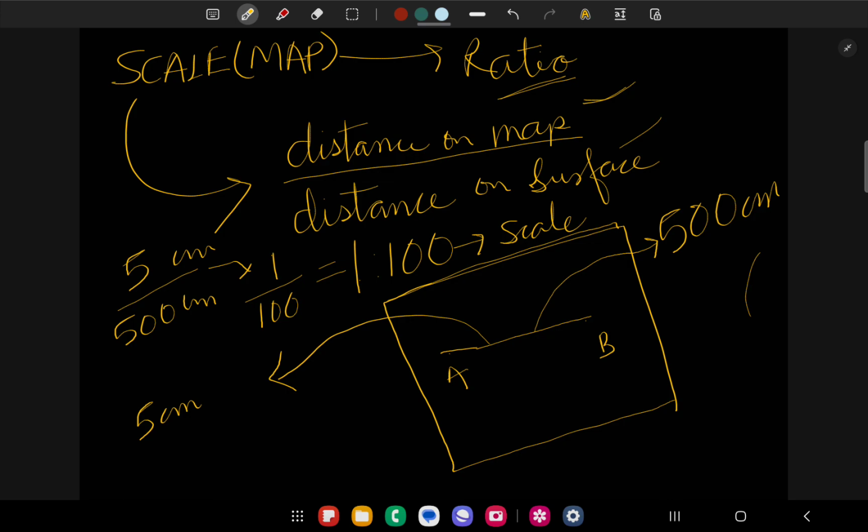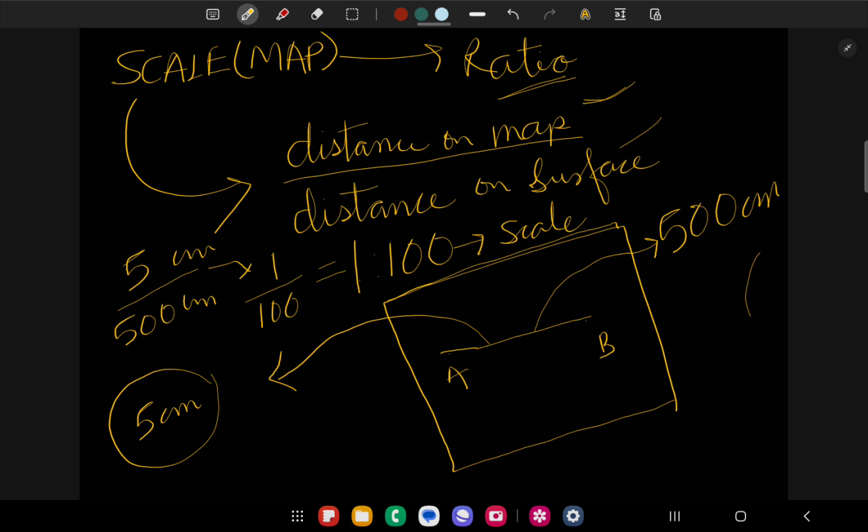So the distance of this line is 5 centimeter on a map, and the distance between point A and B on a surface is 500 centimeter. Let's take an example like this.